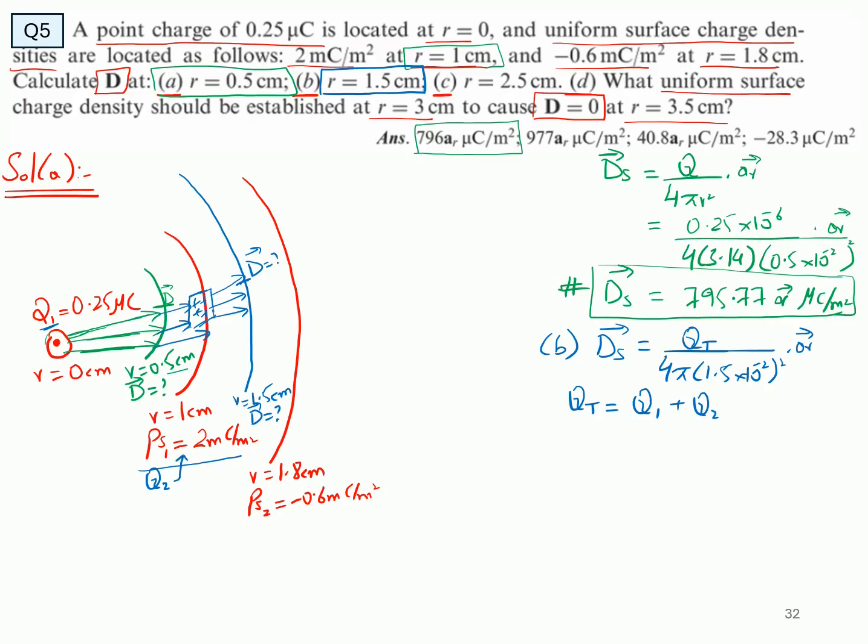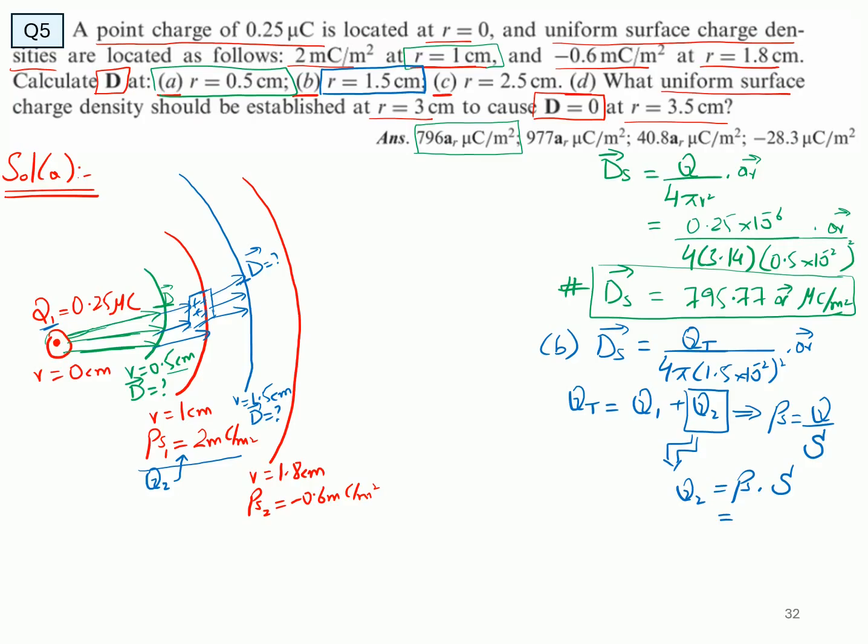Now what can be Q2? We know that any charge distribution is represented as the charge per unit of its shape. If it is a line, it will be length. If it is a surface, it is S. If it is a volume, it is volume. In this case, it is a surface distribution. So I can say that the value of Q2 comes out to be the surface charge density multiplied by the area.